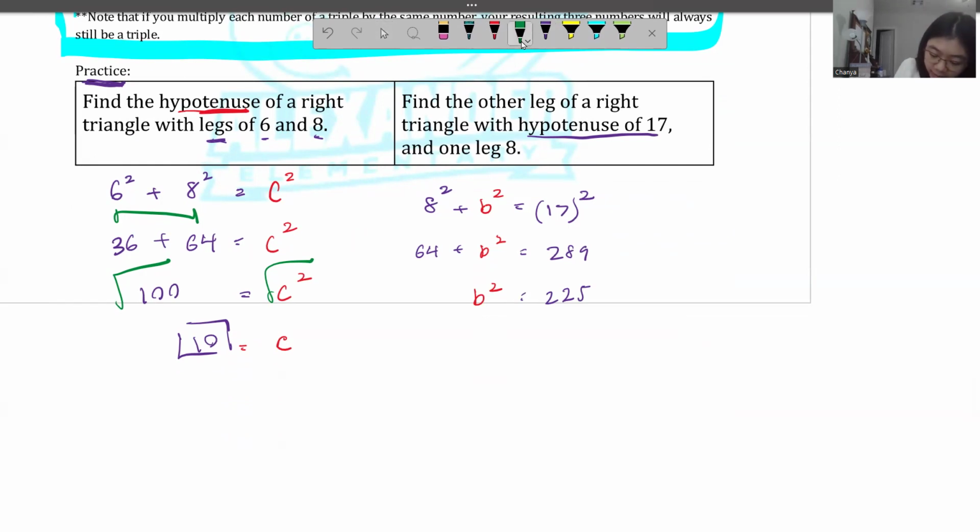So when I square root both sides, I get that B is equal to 15. Again, B cannot be negative 15, which is another possible answer because of the square root, because that wouldn't make sense in real life since side lengths cannot be negative. So the other leg length should be 15 here.